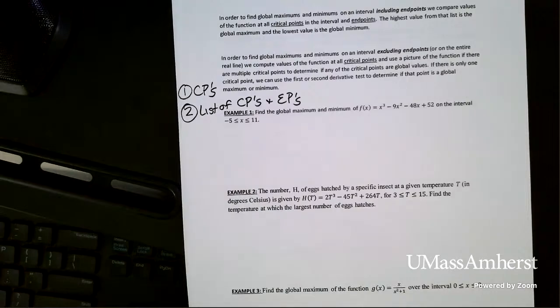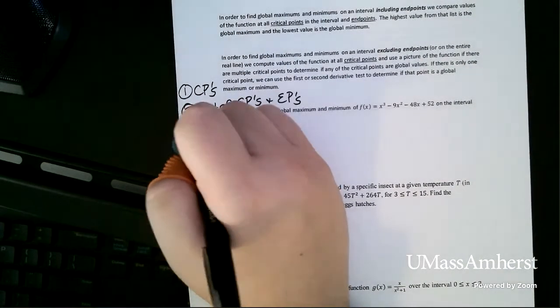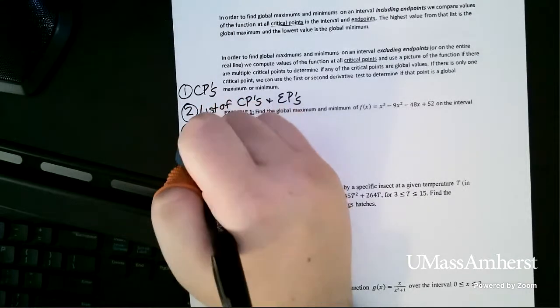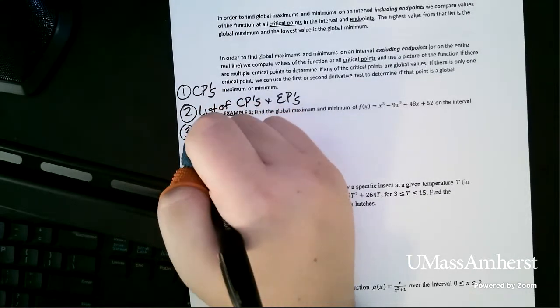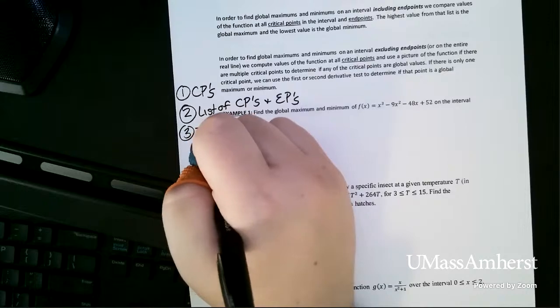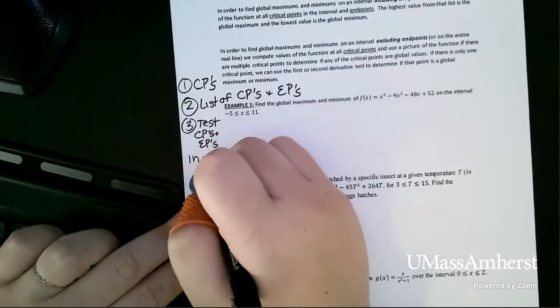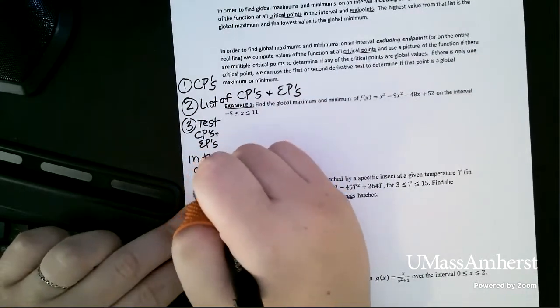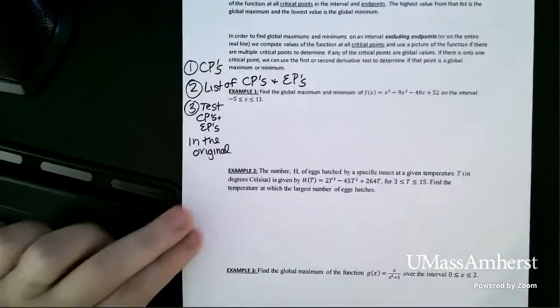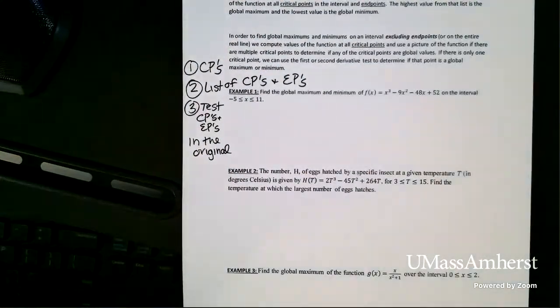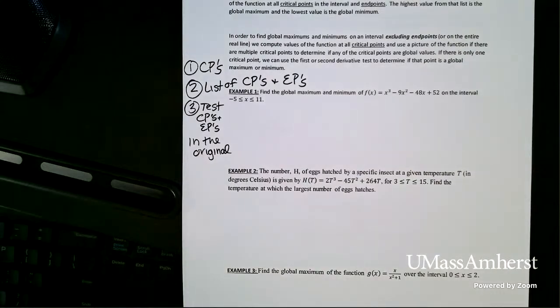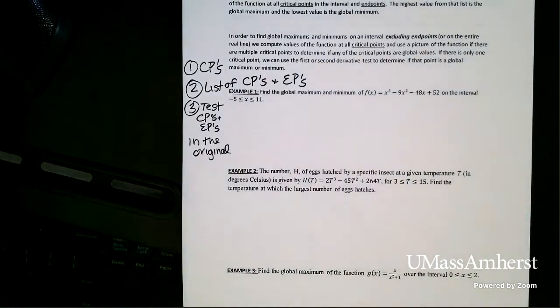Critical points and endpoints. And then the third, you're going to test critical points and endpoints in the original function. Okay, because we are trying to figure out the highest and lowest y value of the original function. So that's where we have to test them.